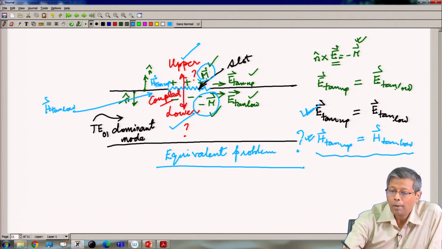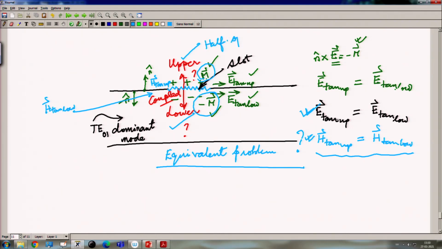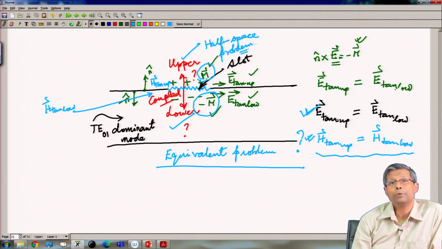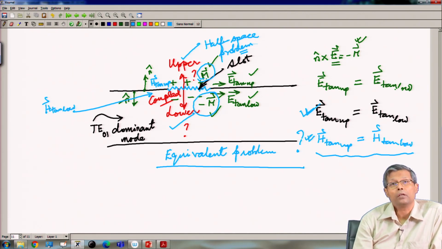So, for the upper problem, we have the half space problem, with the magnetic current source radiating in free space, and for the lower problem, the minus M magnetic current generates the scattered fields or the scattered modes inside the waveguide.